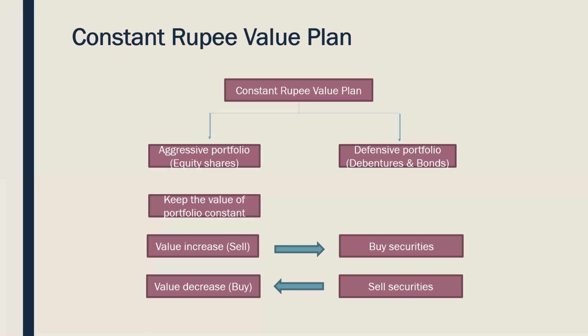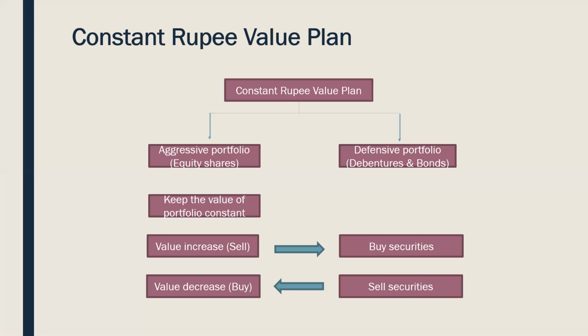What you will do is you will sell those extra securities. You have invested 50,000, you now hold 60,000. So you have earned an excess of 10,000 rupees. So 10,000 rupees worth of aggressive securities will be sold off. And what will the investor do? They will use that money from the sales to purchase securities such as debentures and bonds, and they will invest that extra 10,000 into the defensive portfolio.